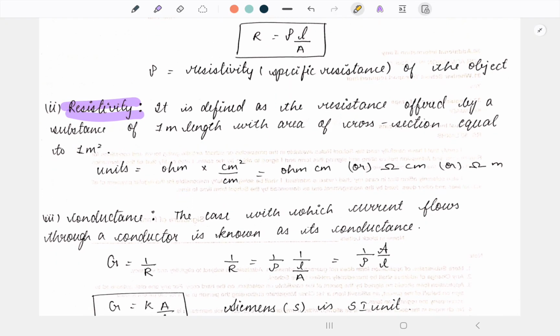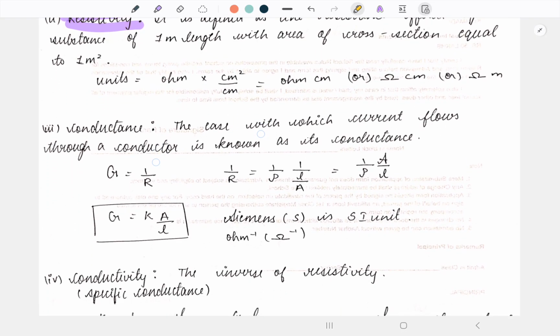So the units are ohm centimeter square by centimeter. Further we can write it as ohm meter or ohm centimeter. The IUPAC recommends the term resistivity over specific resistance.